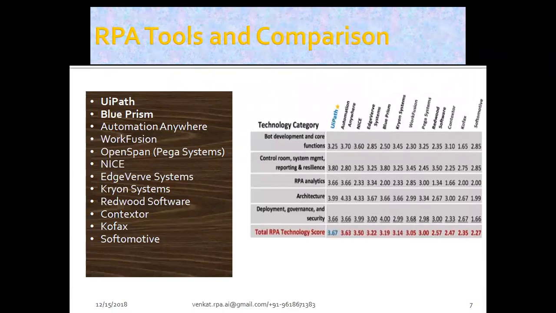And on average, if you see bot management, control room management, wherein you will control the bots and process, RPA analytics side, architecture wise, deployment and governance and security wise, the best rating is given for UiPath. That is 3.67 around 8 months back. Now, if you see, it has crossed almost 4.